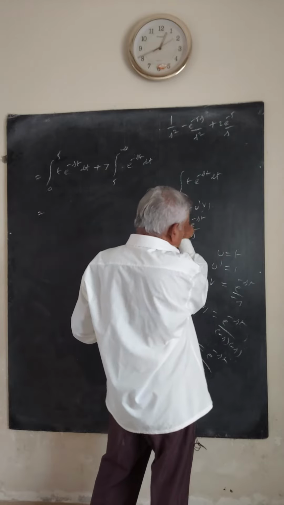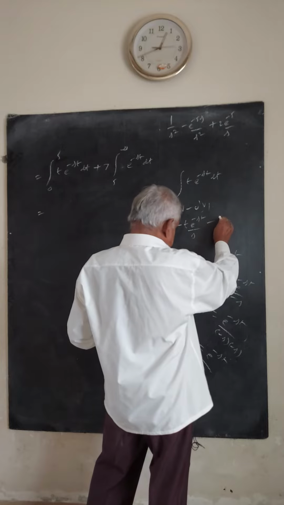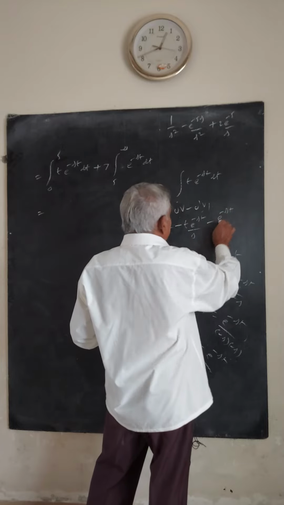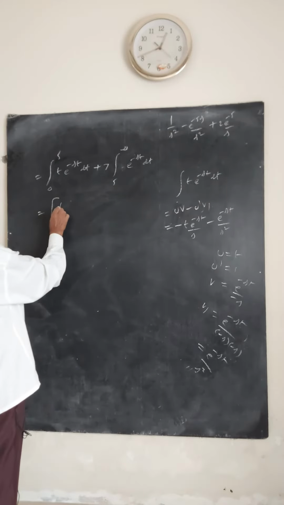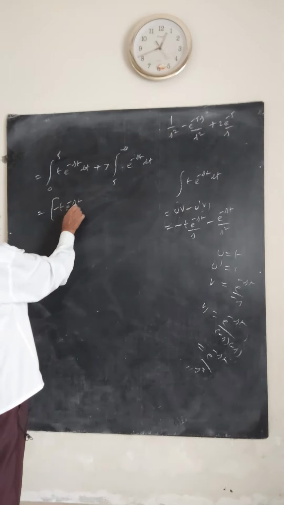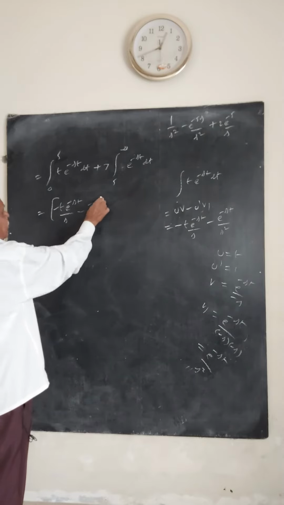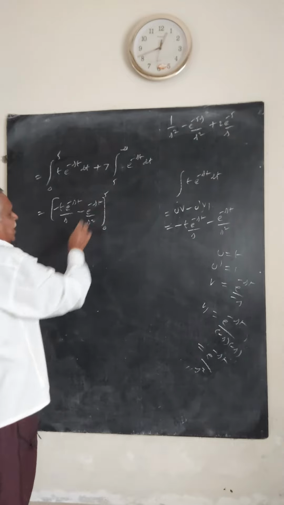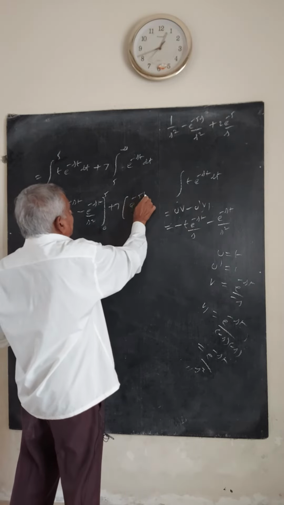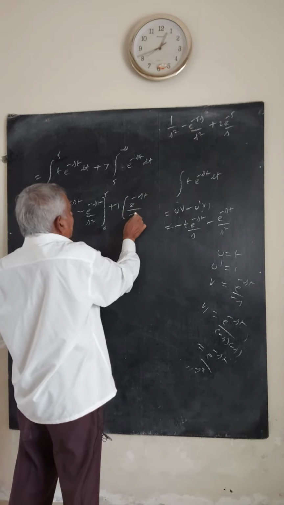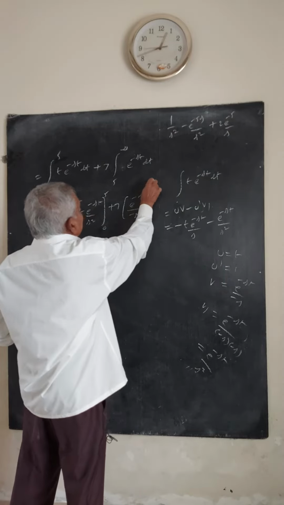Next, u dash is positive and v1 is positive, with a sign change, therefore minus e power minus st by s square. Integrated: minus t e power minus st by s minus e power minus st by s square, with limits 0 to 5, plus 7 into the integral of e power minus st, giving e power minus st by minus s, with limits 5 to infinity.